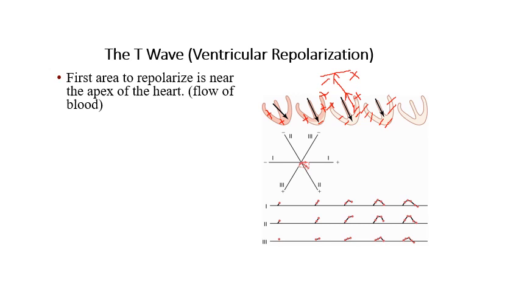And from the rules we talked about in the first lecture, negative charges going toward the positive means a positive vector, or axis, of the cardiac axis. So this is from the rules that we learned in the first lectures.